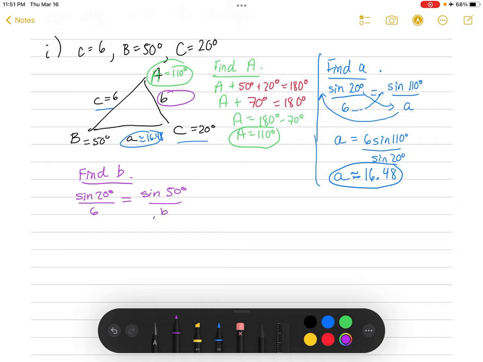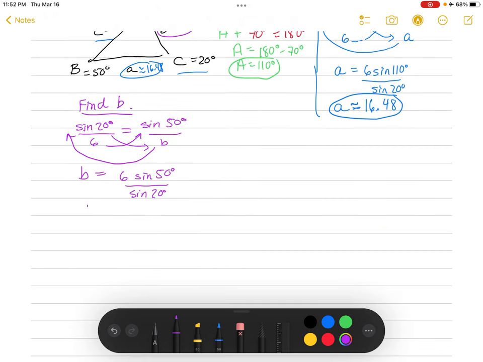I'll do the same thing, I'll do the cross multiply thing. Little b goes up there. I'm going to take 6 up on top on the other side with the sine of 50. And the sine of 20, I'm going to go on bottom, so sine of 20 under 6 sine of 50.